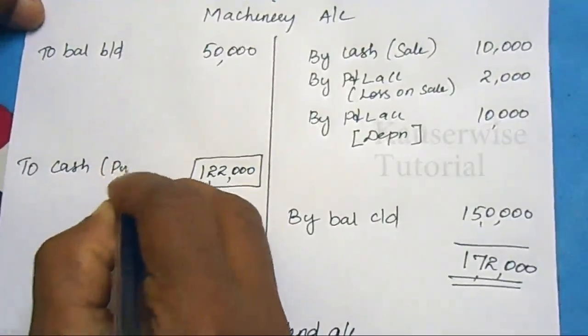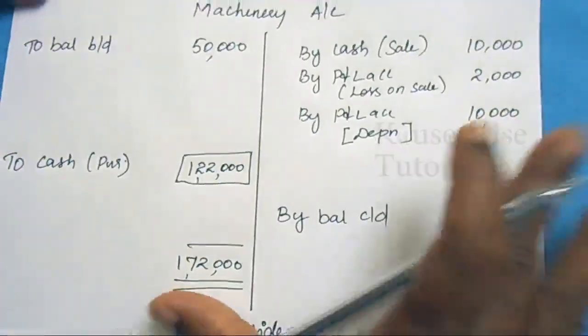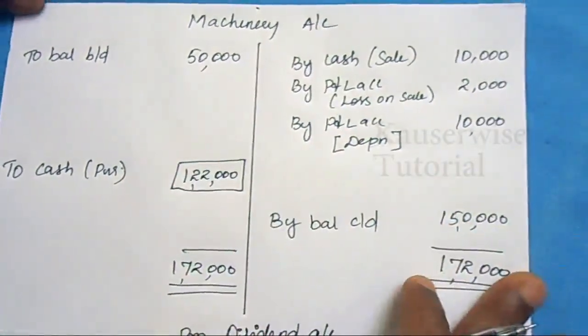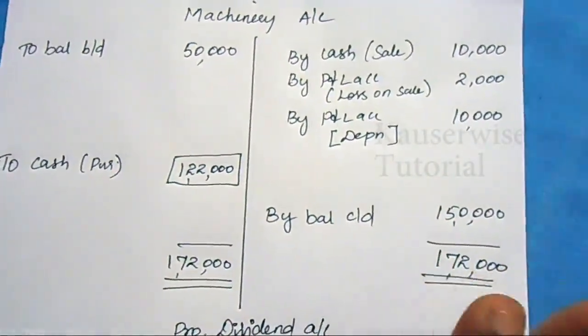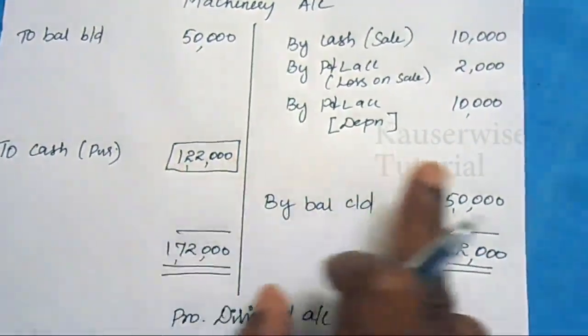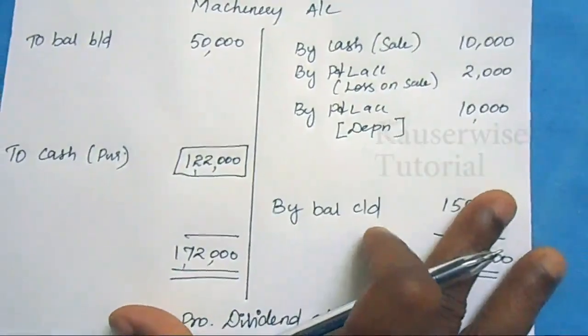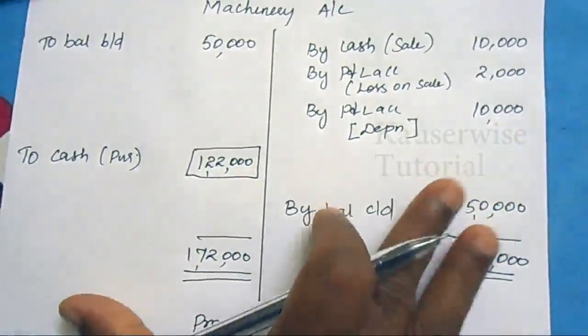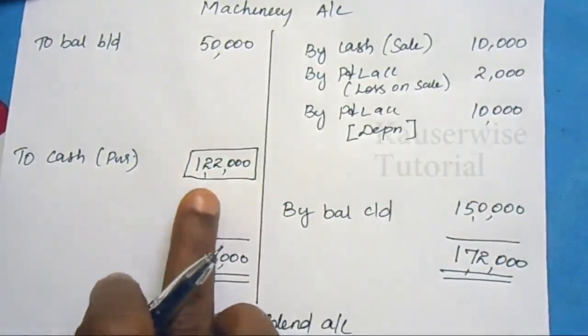That is purchase. When you prepare the machinery account, if both opening balance and closing balance are given, you won't be getting any balancing figure. If you get any balancing figure, either debit side or credit side, it will be considered as either purchase or sale of asset. According to this problem, we have got a debit side balancing figure.